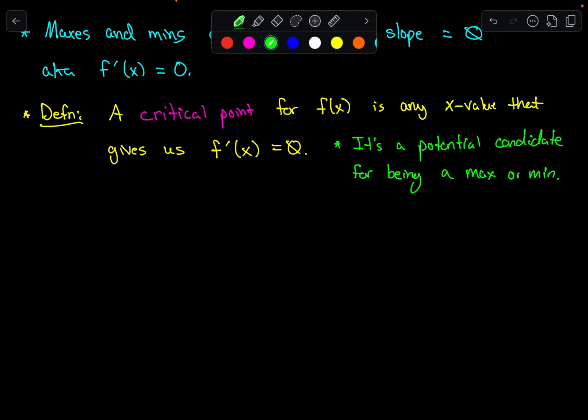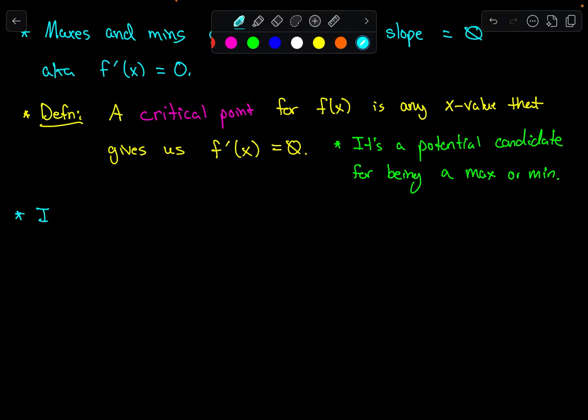Now that we have that, we figured out in the sketches above that to determine if it's a max or a min, we also need to know what's going on with the slope beforehand and afterwards.